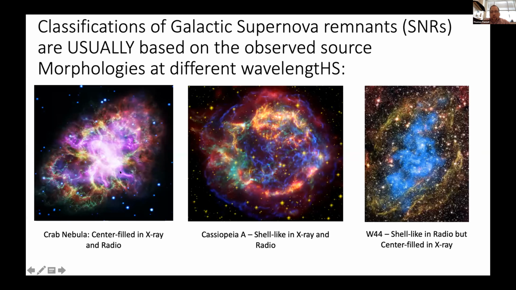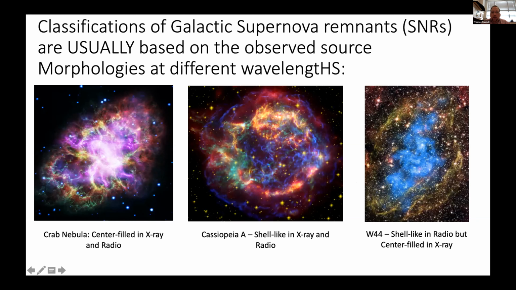So this is a morphological classification system, based on the morphology of the remnants in the X-ray and the radio. Here you have a center-filled remnant, the Crab Nebula, in both the radio and the X-ray. This is a standard source for that morphology. You'd also have Cassiopeia A, which is shell-like in the radio and shell-like in the X-ray. So it is an excellent example of that class of remnant.